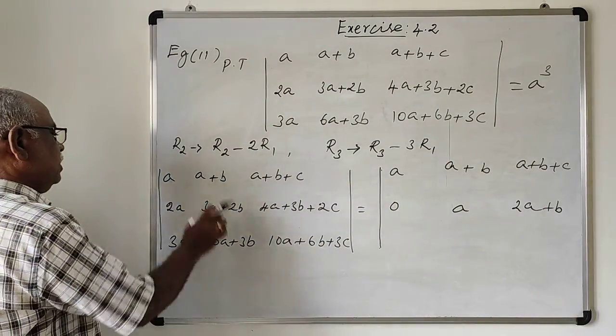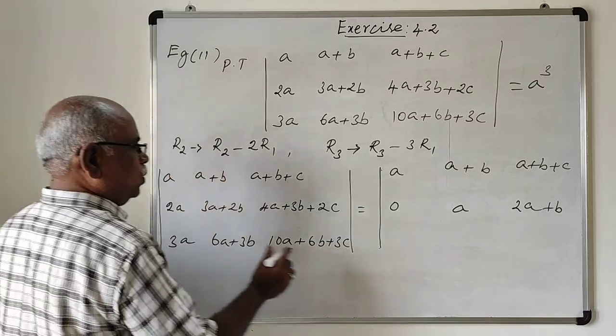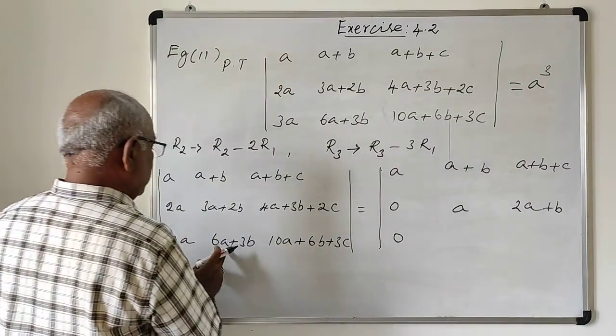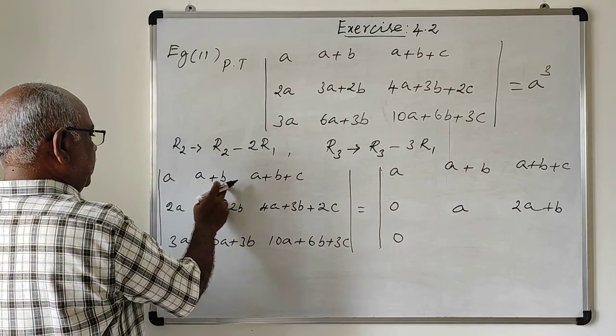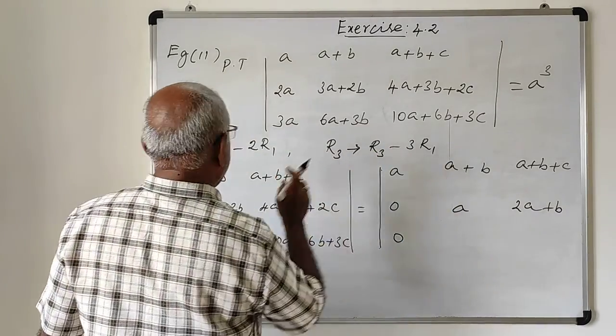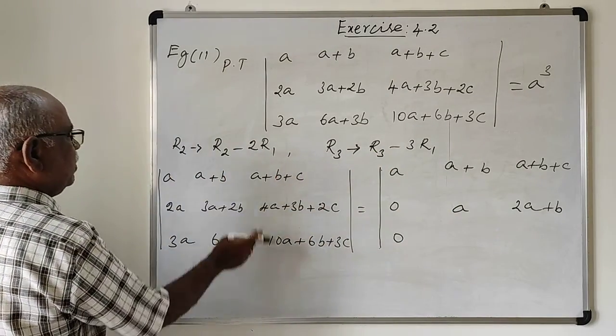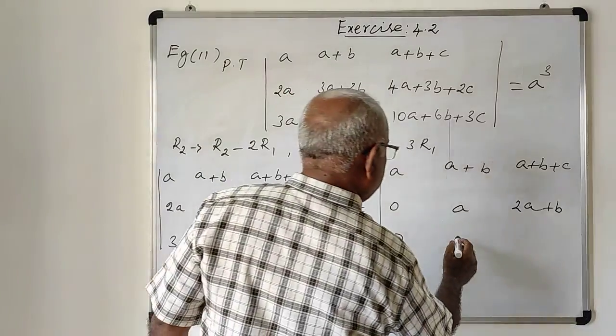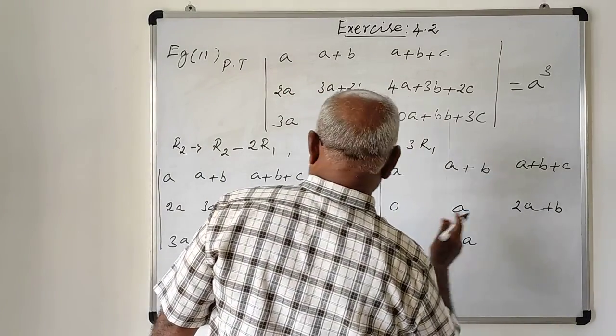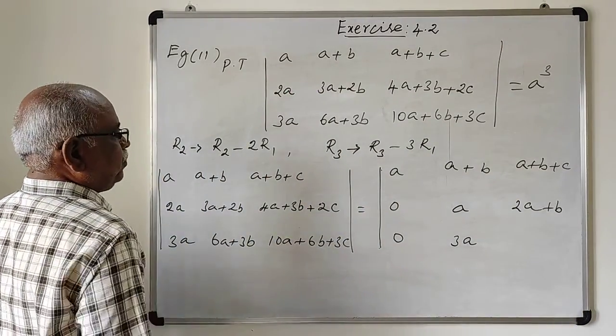Similarly, R3 minus 3R1, 3A minus 3A is 0, 6A plus 3B minus 3A plus 3B is 3A, and 3B minus 3B is 0.